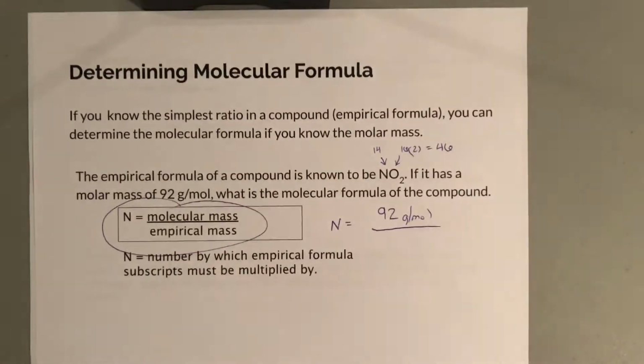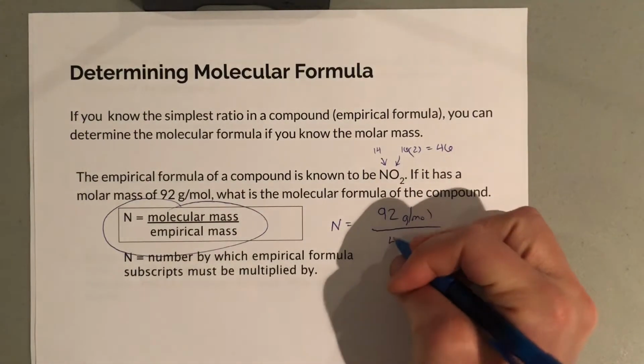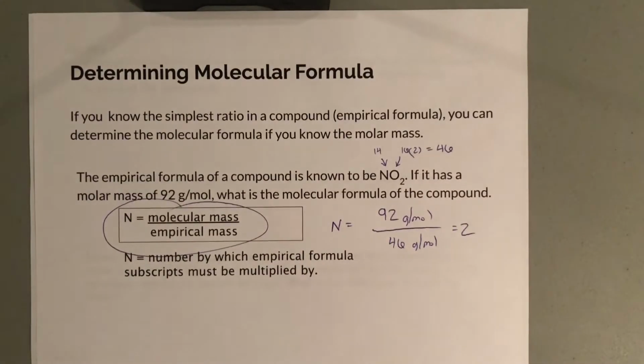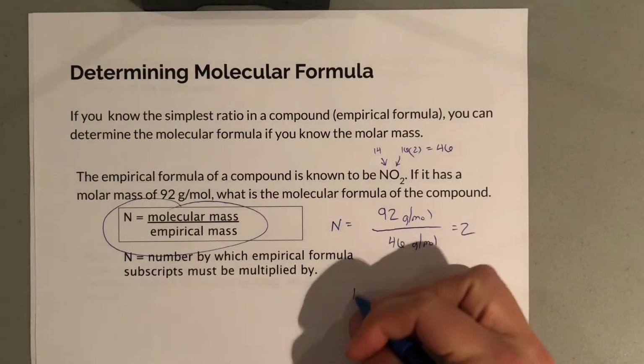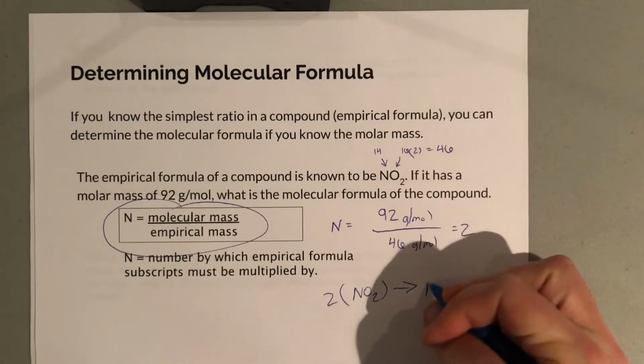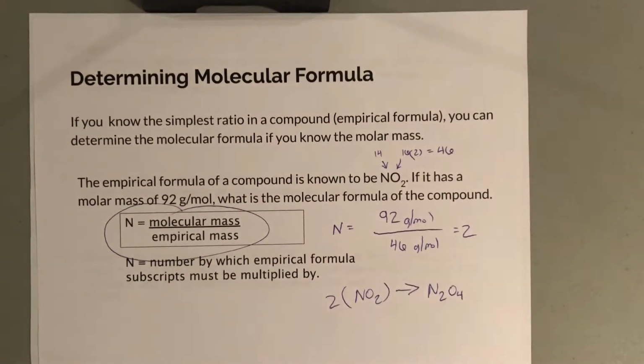When we add those together, we get 46. So if we do 92 divided by 46, you get 2. That tells you that your empirical formula of NO2 needs to get doubled. So if we double that formula, we get N2O4, which is going to be your answer.